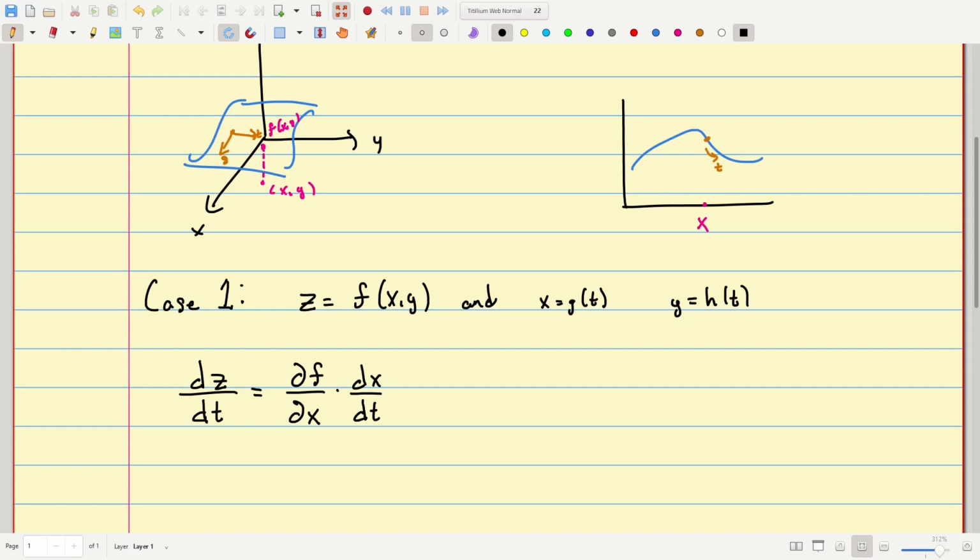Okay? The way that you know if you're supposed to write the partial derivative symbol or a regular d has to do with how many independent variables the function that you're differentiating has. If the function has a single independent variable, then you use a d. If it has multiple independent variables, then you use the partial derivative symbol.